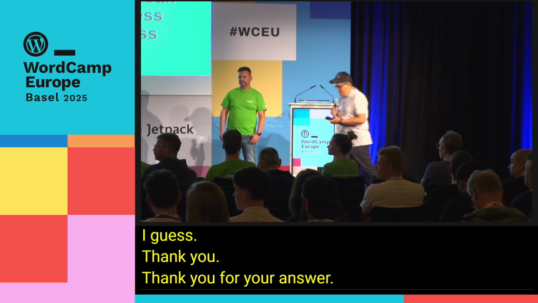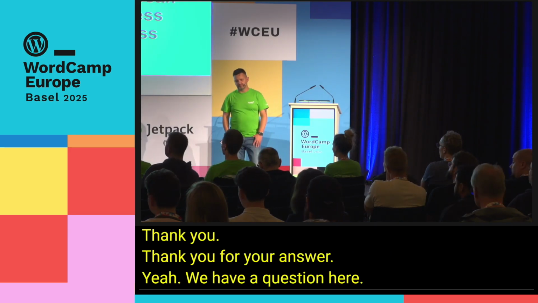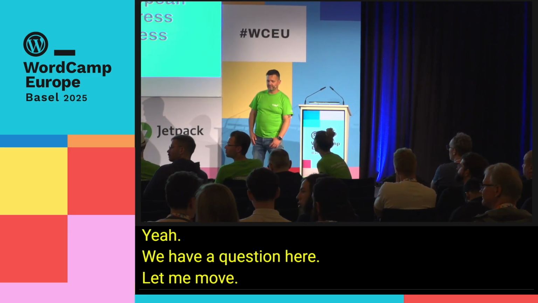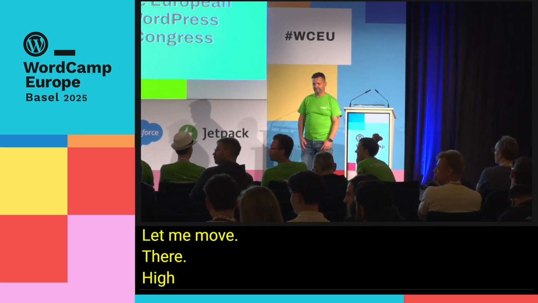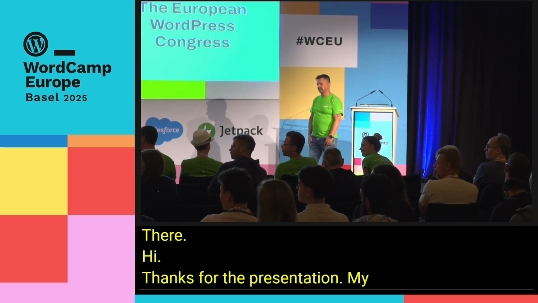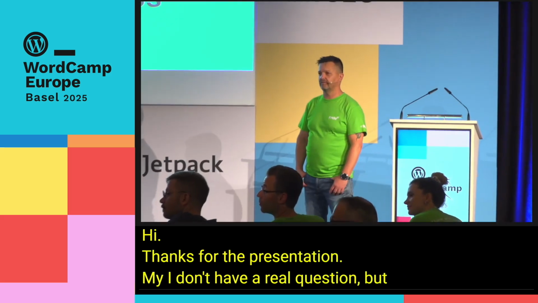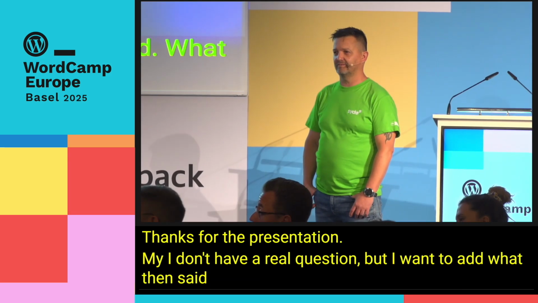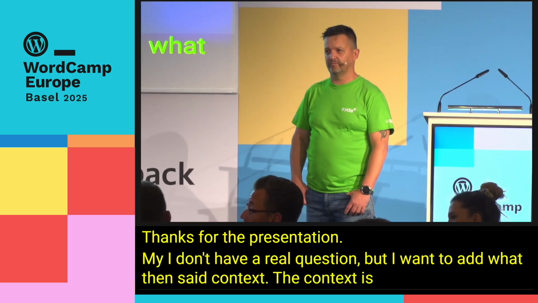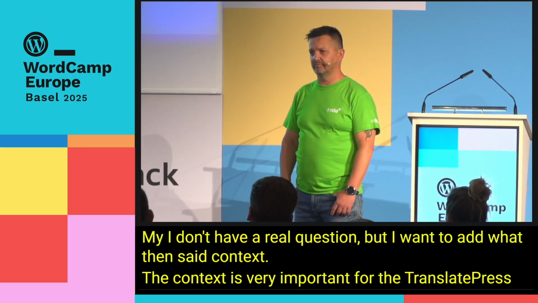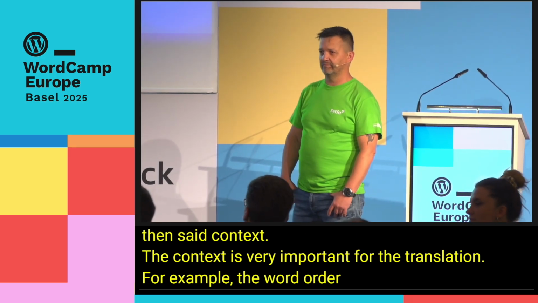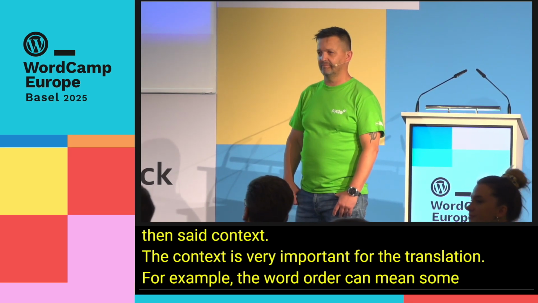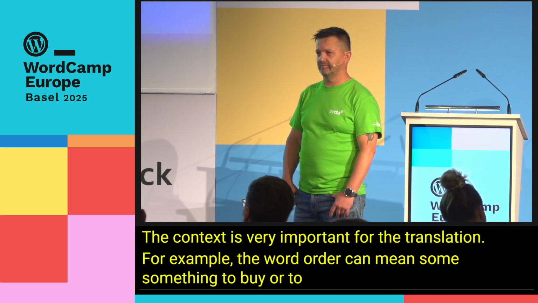Hi, thanks for the presentation. I don't have a real question, but I want to add to what Dennis said. Context is very important for the translation. For example, the word order can mean something to buy or to sort.